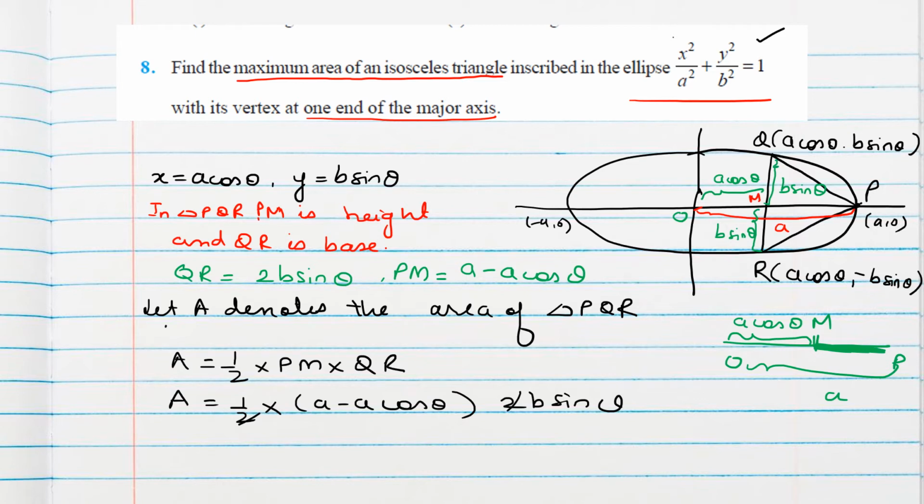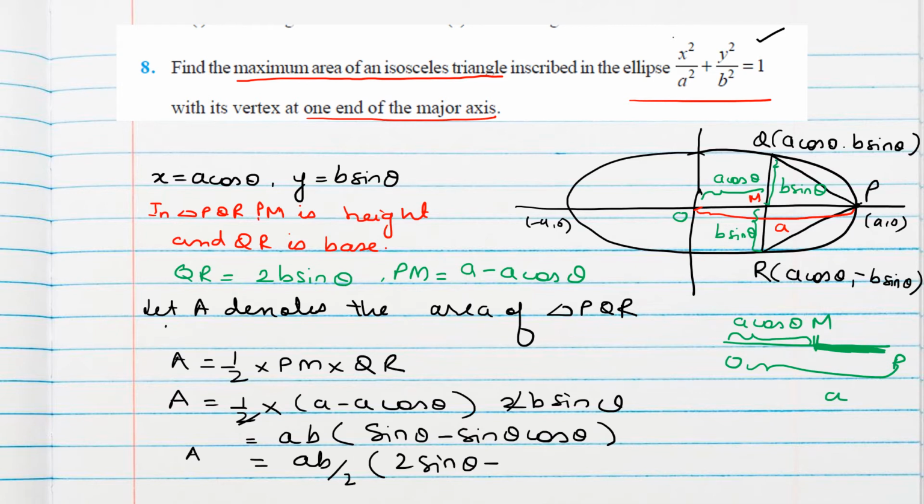We can take a common, so ab, and sin theta we can multiply inside the bracket: sin theta minus sin theta cos theta. Now here this is sin theta cos theta. If you multiply this with 2, this will become the sin 2 theta formula. So throughout we'll multiply and divide by 2. So ab by 2 into 2 sin theta minus 2 sin theta cos theta, so ab by 2 into 2 sin theta minus sin 2 theta. This is our A.